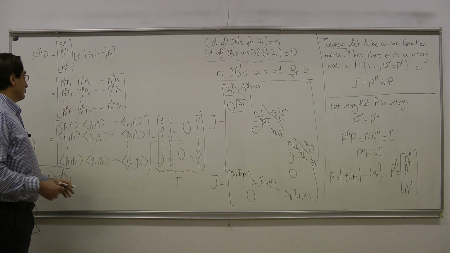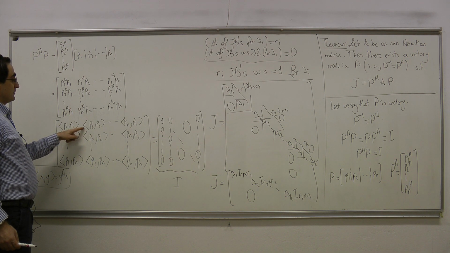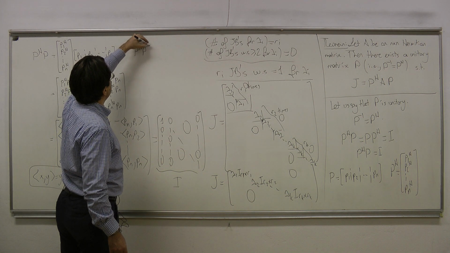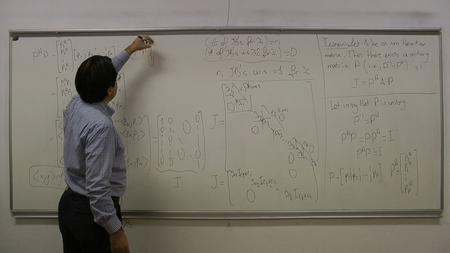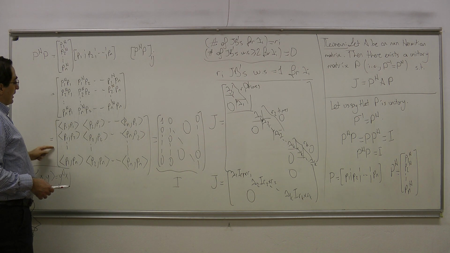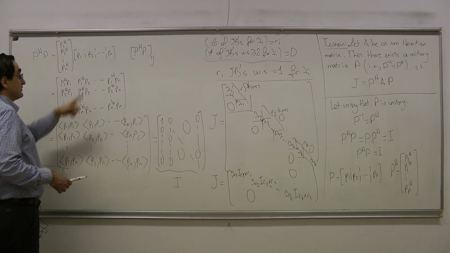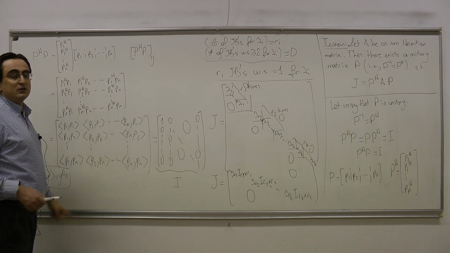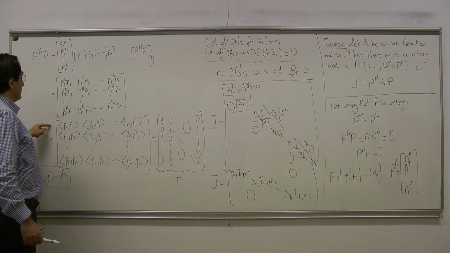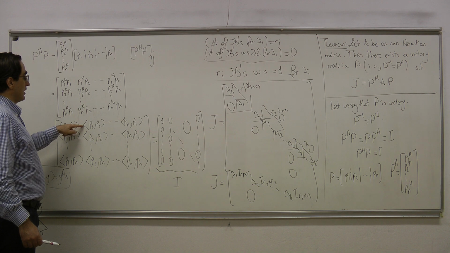So let me try to write the first column, second row. If I write the ijth element of the P Hermitian P, it's the ith row, jth column element. What is it going to be? For example, this one is the first row, second column.